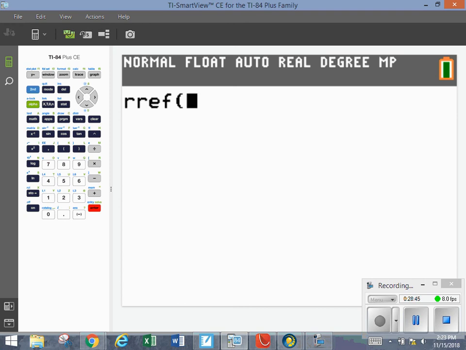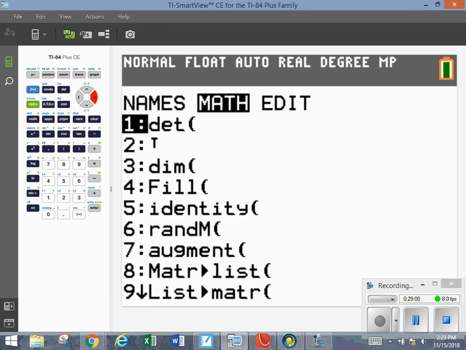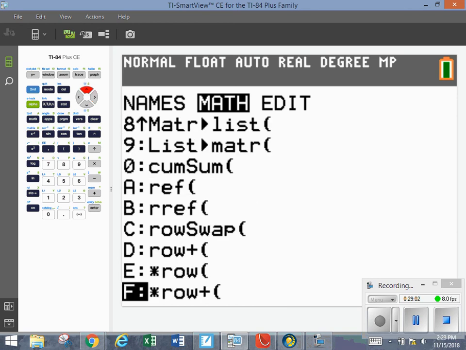All right. So I'm going to do RREF, okay? I hit second, the matrix, and then I went to RREF right there.